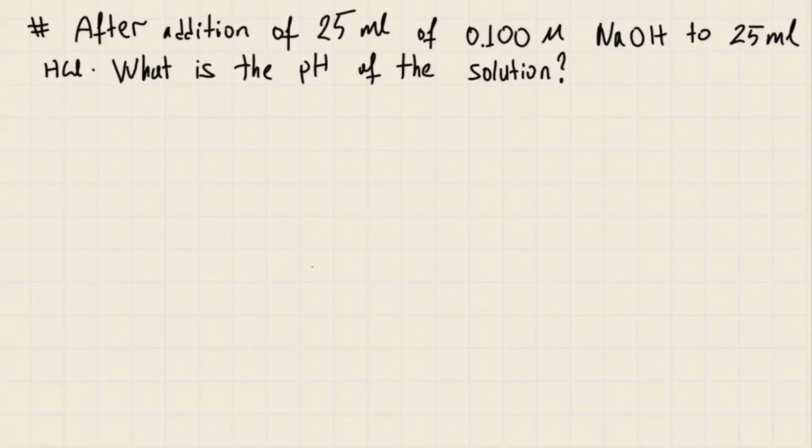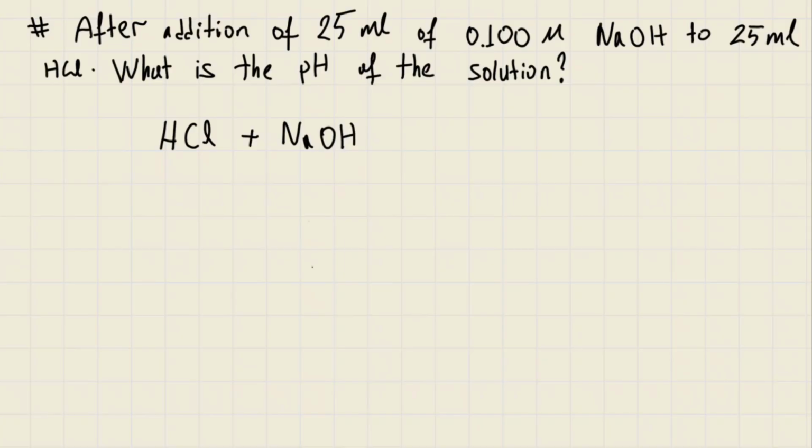After addition of 25 milliliters of 0.100 molar sodium hydroxide to 25 milliliters of HCl, what is the pH of the solution? So again, we have to use the neutralization reaction. We have HCl and sodium hydroxide.